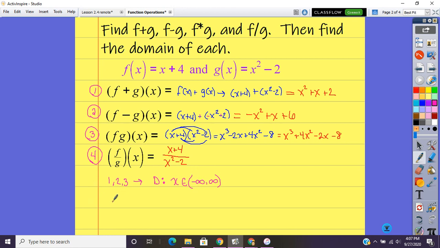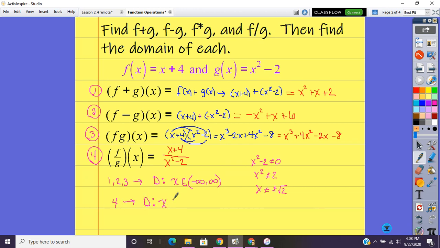4 is where it gets a little bit different, because on 4, it is not a polynomial function. We have a fraction here. So we have to use our domain rules to do that. And our domain rules say, if there's a fraction, take that denominator and set it not equal to 0. So then we end up with x squared does not equal 2, x does not equal plus or minus square root 2. So our domain for number 4 is going to be, let's get my arrows drawn.